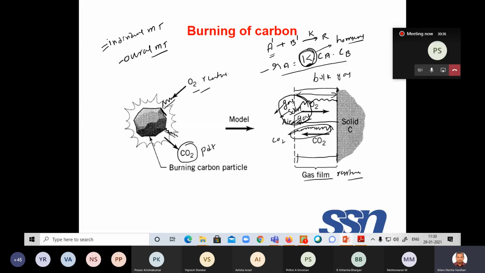By the way, I am talking only about constant temperature. If the temperature changes, k is k0 e^(-E/RT). Right now, as a first step, temperature is maintained constant. Okay, let us see now.